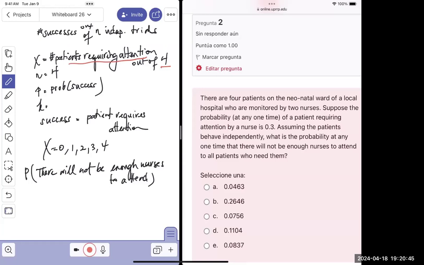You have to translate this problem into successes, into the definition of requiring attention. So how many patients would require attention for there not to be enough nurses? So there's an assumption underlying here: each patient requiring attention needs only 1 nurse.